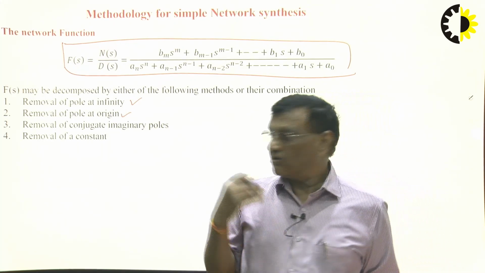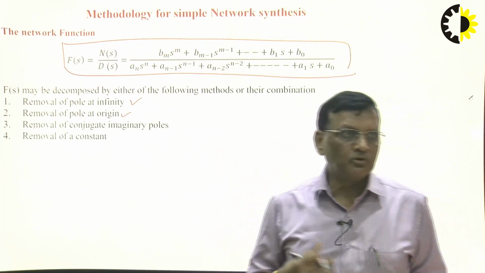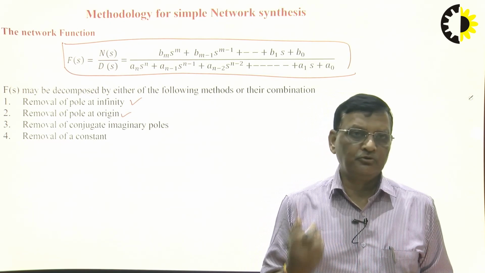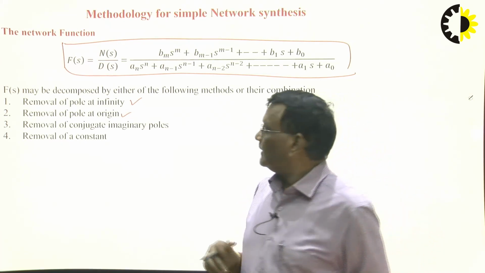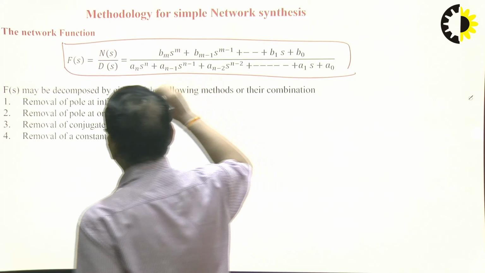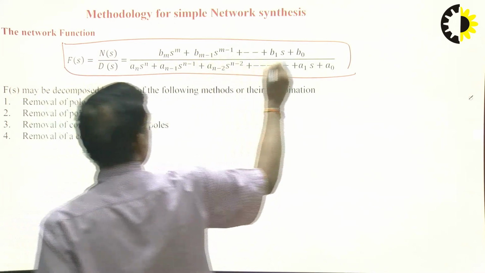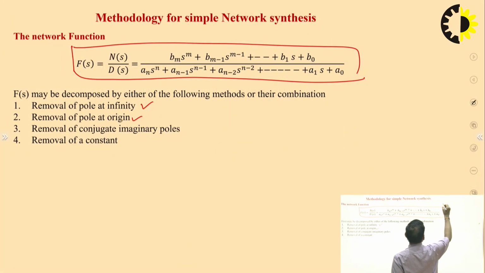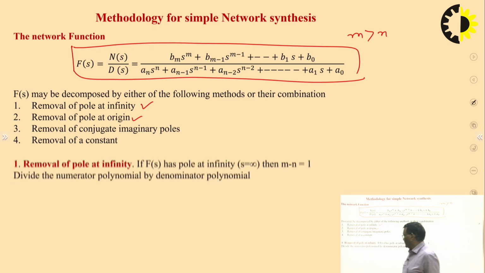First, removal of pole at infinity. There is a pole at infinity when m is greater than n, that is, when the degree of the numerator polynomial is greater than the degree of the denominator polynomial.